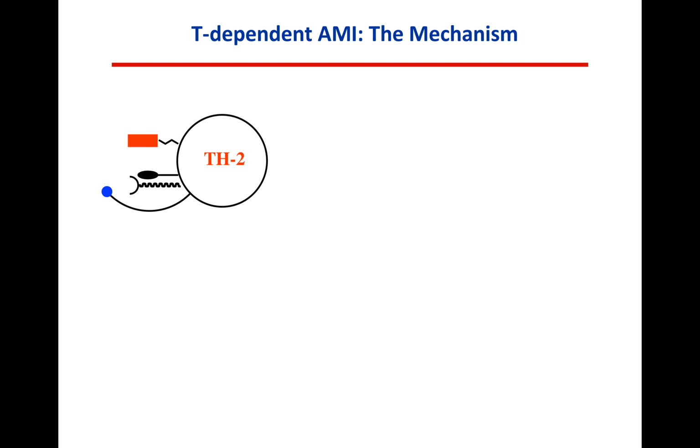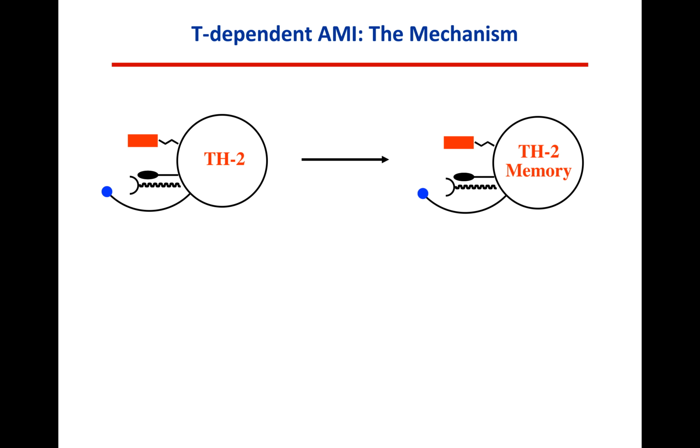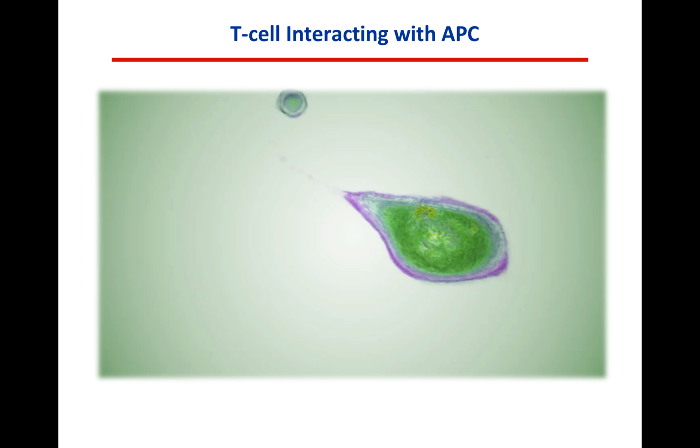So you now have a Th2 cell, and that Th2 cell in this process can divide when it's activated into a memory cell, a Th2 memory cell. It can also begin to seek out activated B cells.